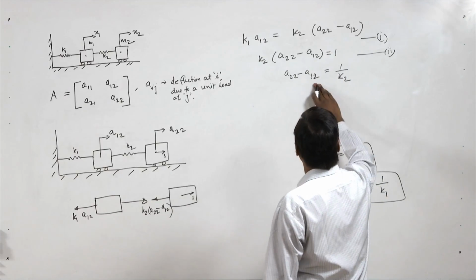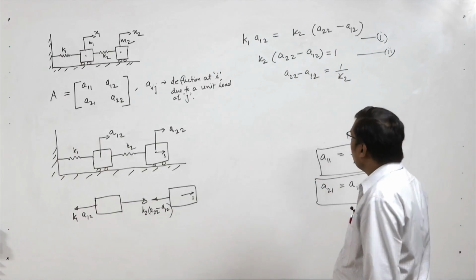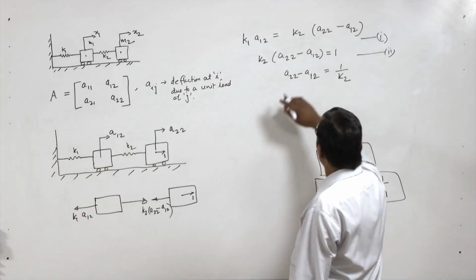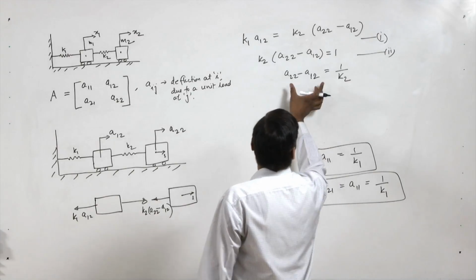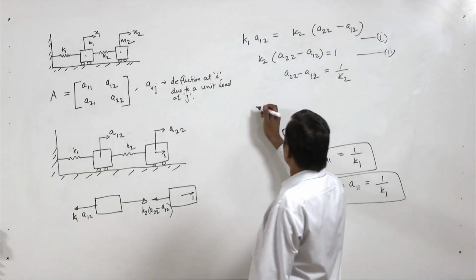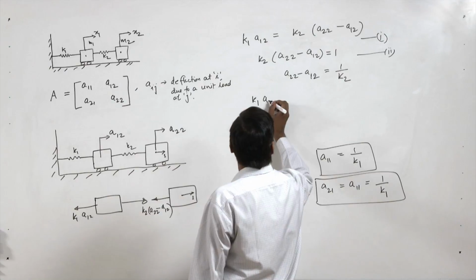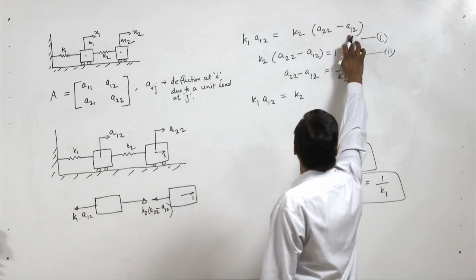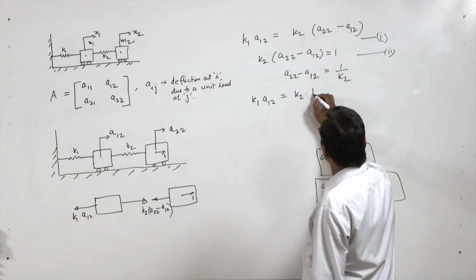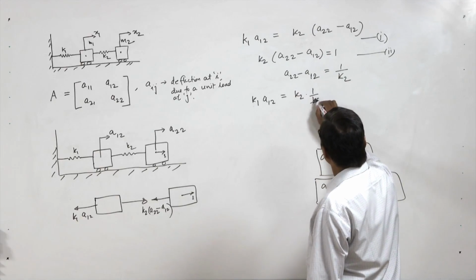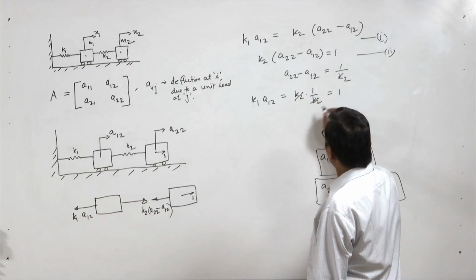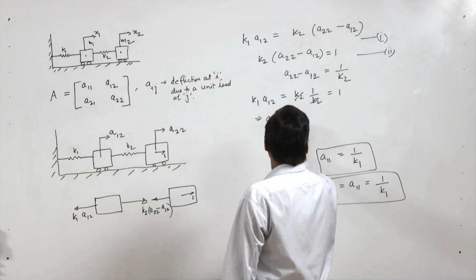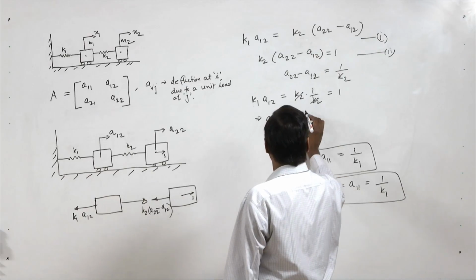Now we put this value of A22 minus A12 into equation number 1. So we write K1 A12 equal to K2 into 1 by K2, which cancels out and it is equal to 1. So this implies A12 equal to 1 by K1.